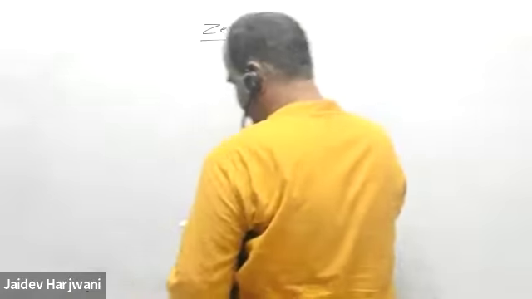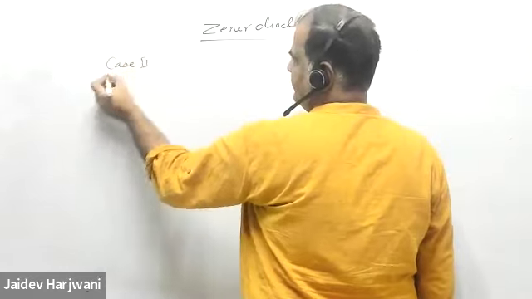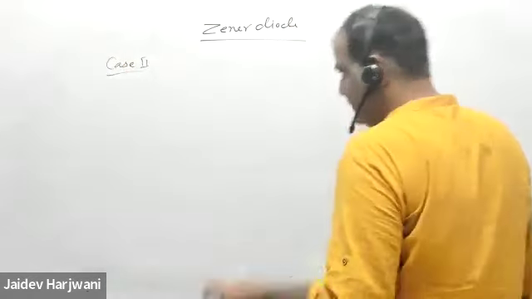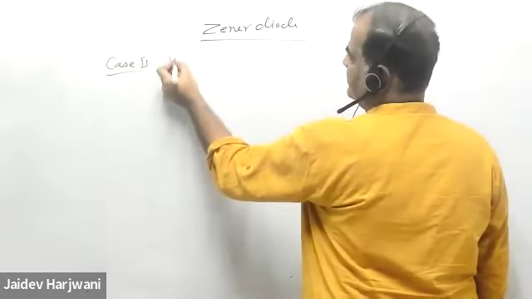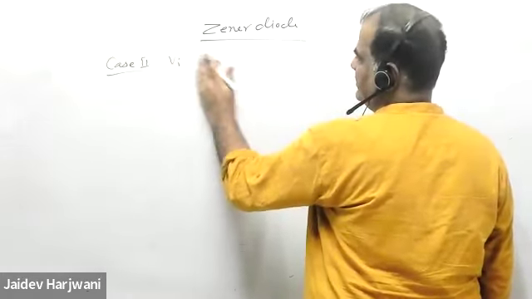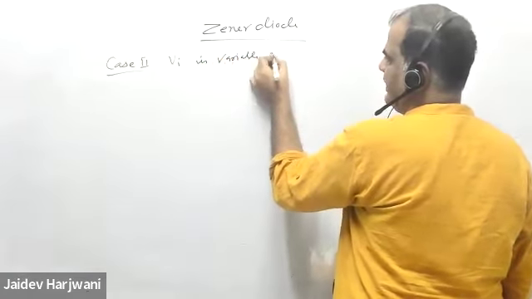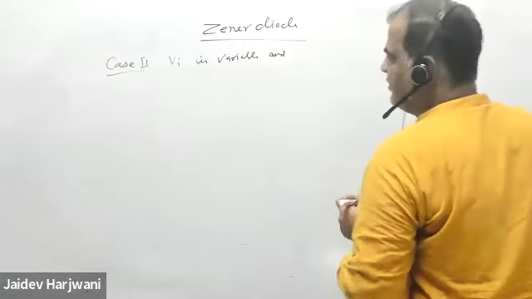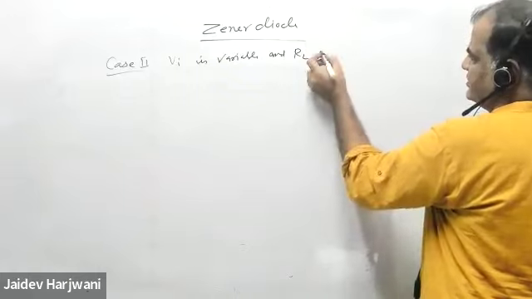Case number two says that VI is variable, and RL is fixed.